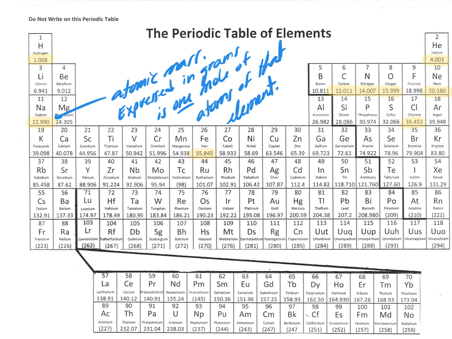Just as a side note, you're never going to memorize any of these numbers. You will always be given the periodic table. Chemistry is not about memorizing the periodic table. It's about using the periodic table as a tool.